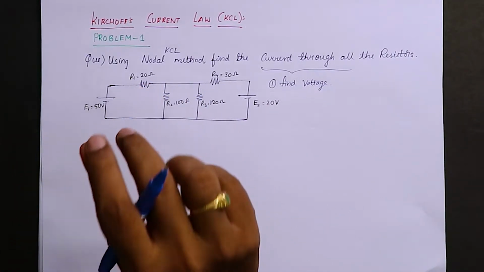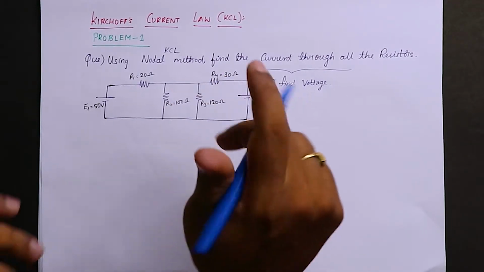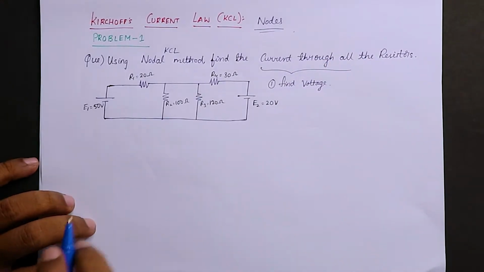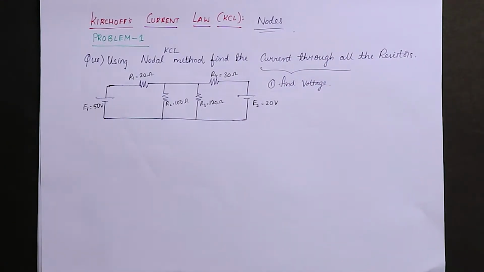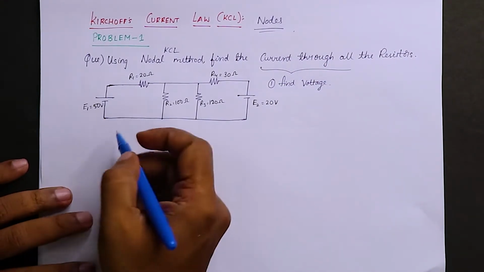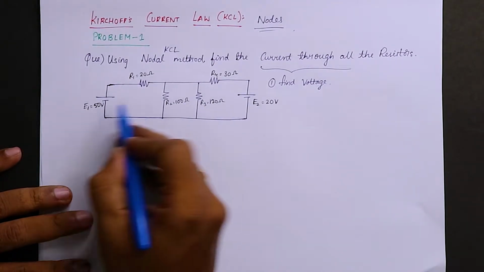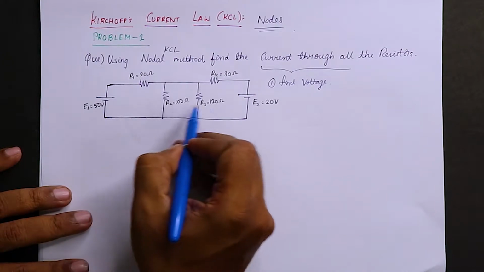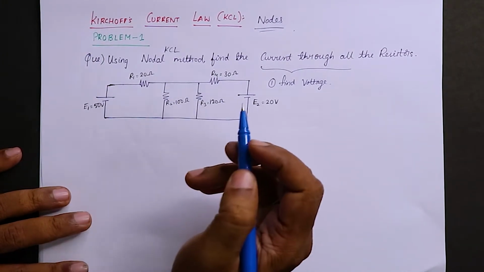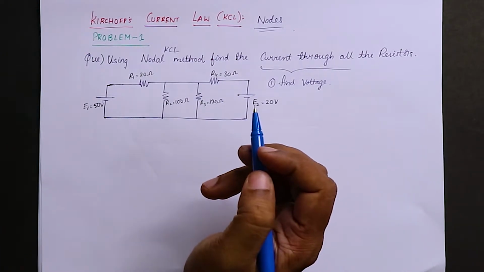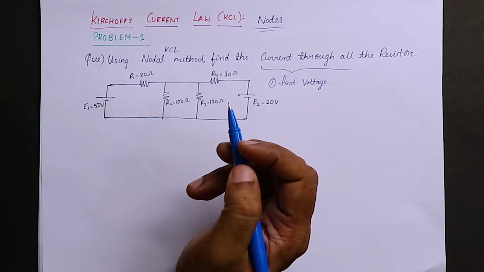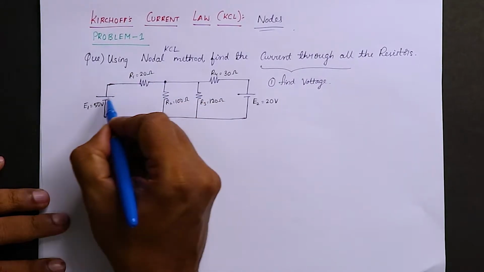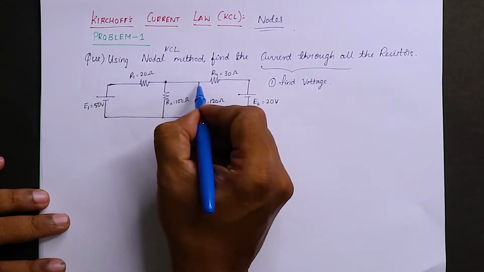As this is a nodal method where you have nodes, we will spot how many nodes are there in this. This is KCL. Here we have two voltage sources, E1, E2, and 4 resistors. So how many nodes are there here? A node is a junction point where all the branches meet. Here I can see this is one node because these branches are all meeting, and this is another node.